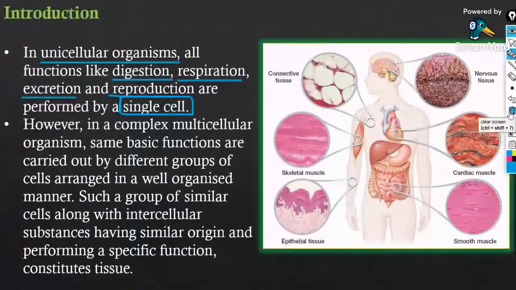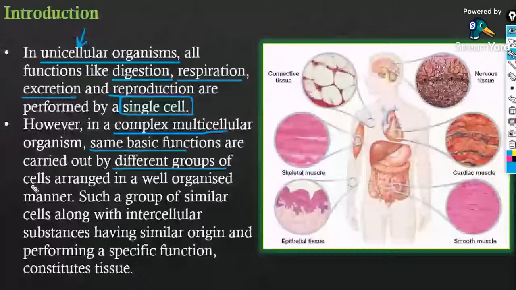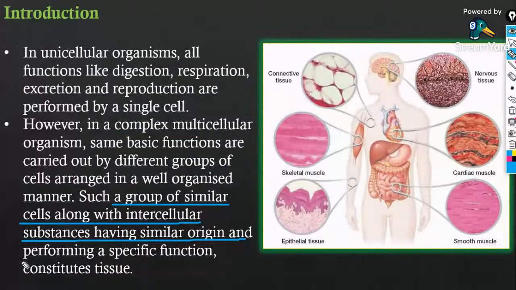However, in a complex multicellular organism, some basic functions are carried out by different groups of cells arranged in a well organized manner. So what is a tissue? A tissue is a group of similar cells with intercellular substances having similar origin and performing a specific function.